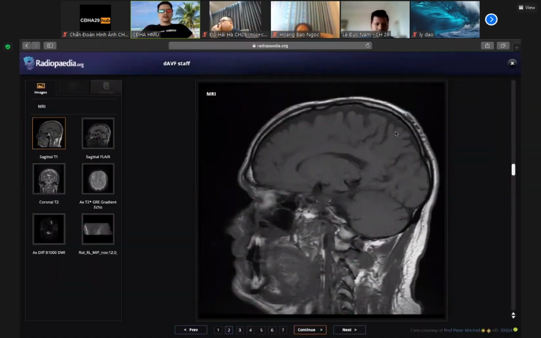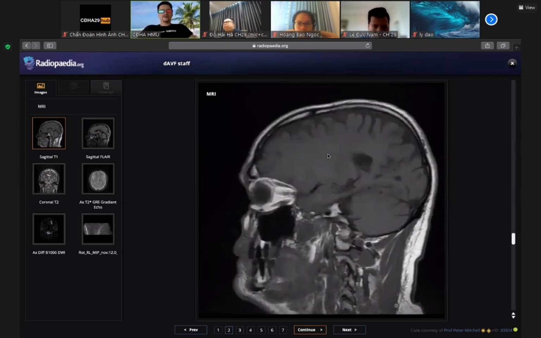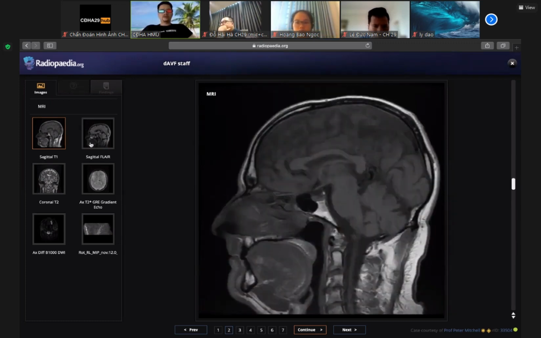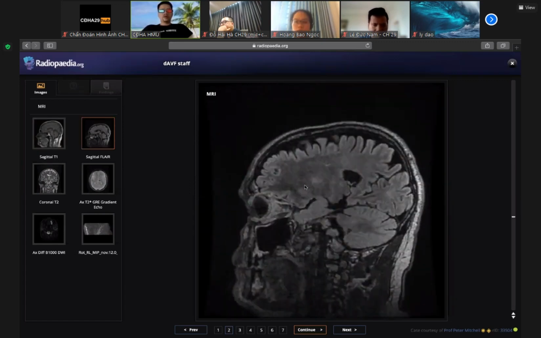Okay, so I'm going to share my screen now, and I think our target today is how to make a diagnosis or a suggestion of dAVF on MRI or on CT scan, right?